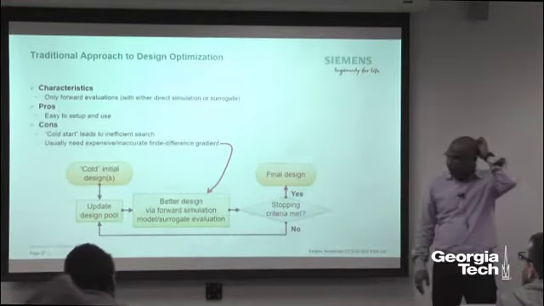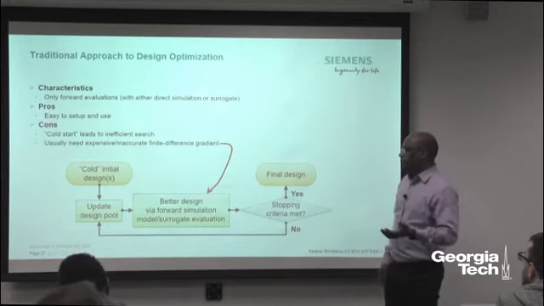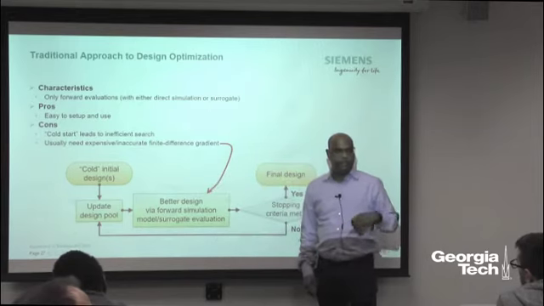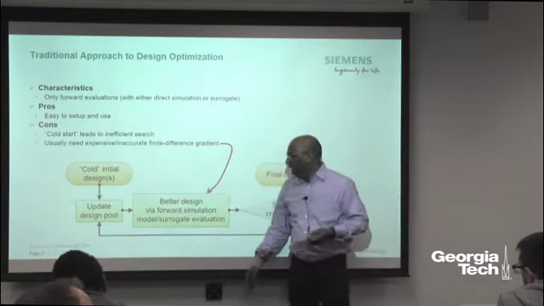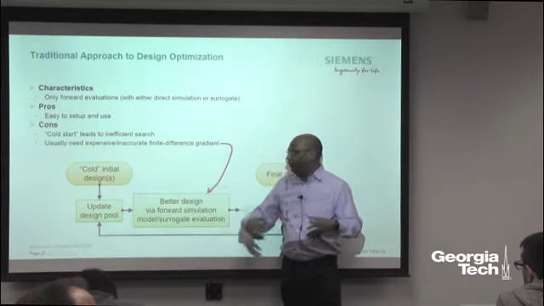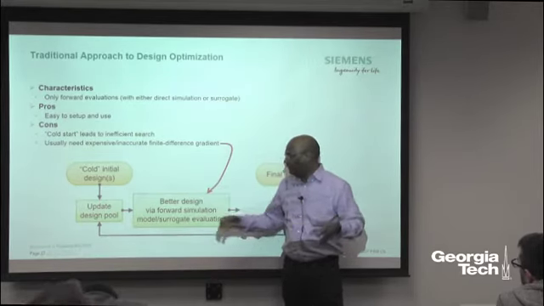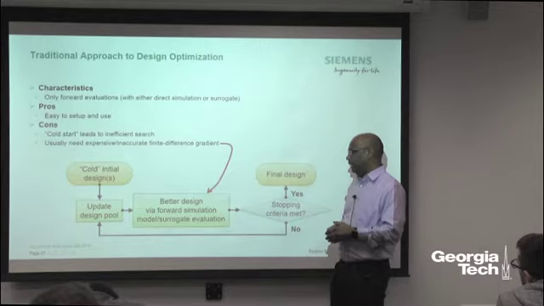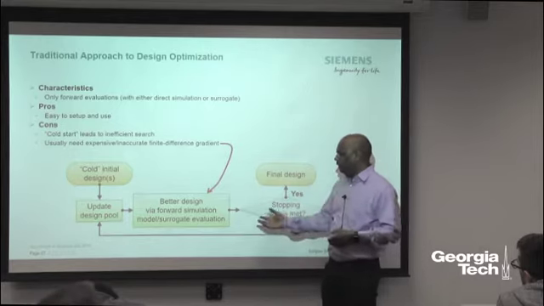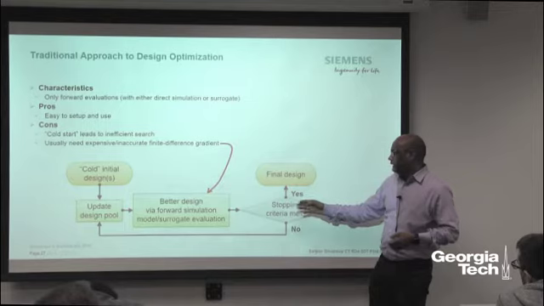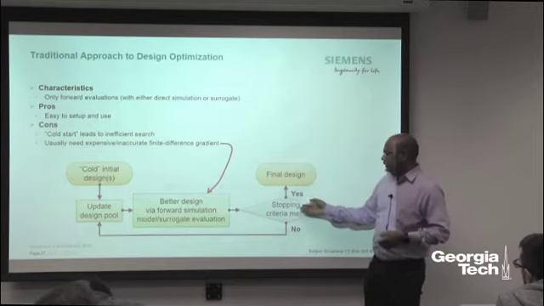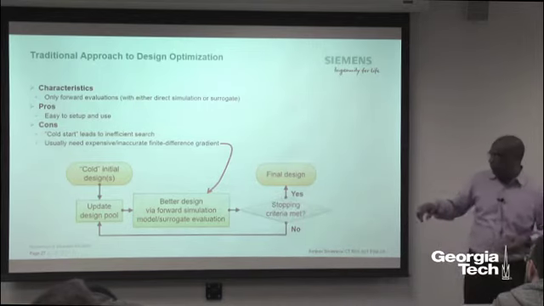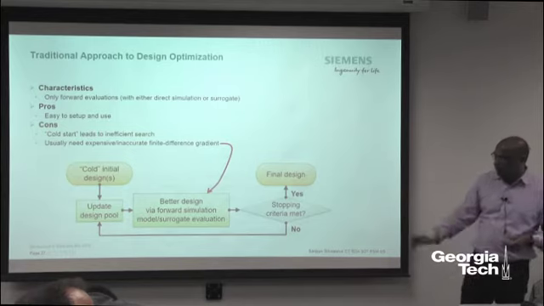So if you look at the traditional way of doing an optimization, what you end up doing is that you start with some cold initial design, which is what you call a seed design, and then you generate lots of seed designs or designs around it, and then you analyze them through some kind of simulation analysis tool or some kind of surrogate model, and then you have a certain stopping criteria. And if your stopping criteria is met, you get a final design. Otherwise, you keep on performing this loop till you meet this criteria.